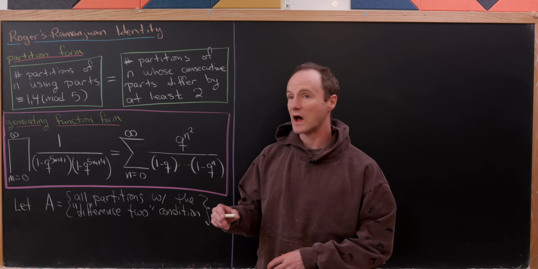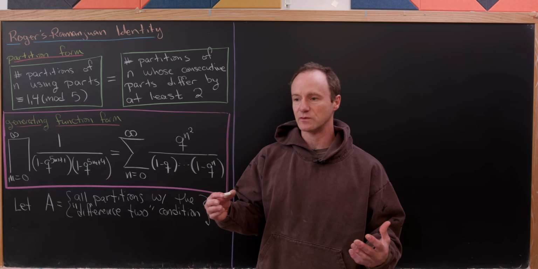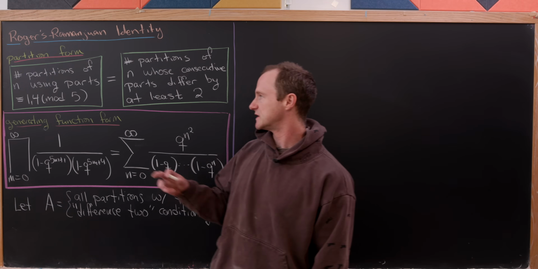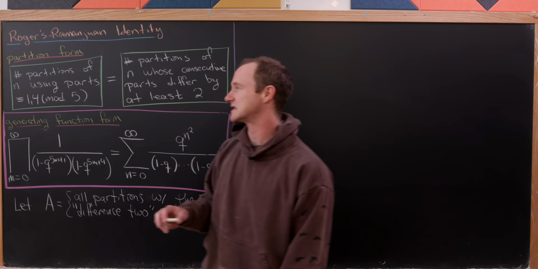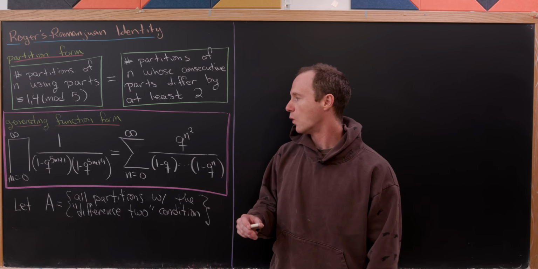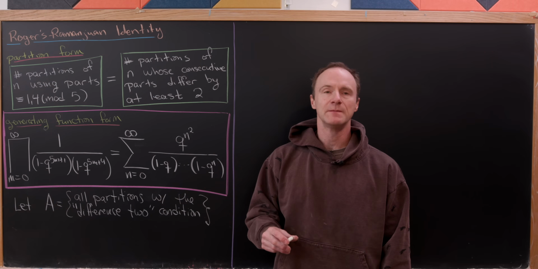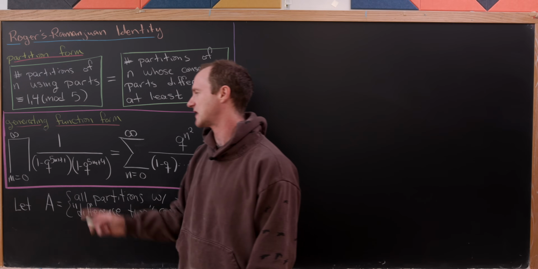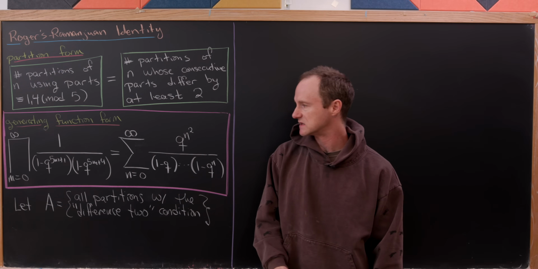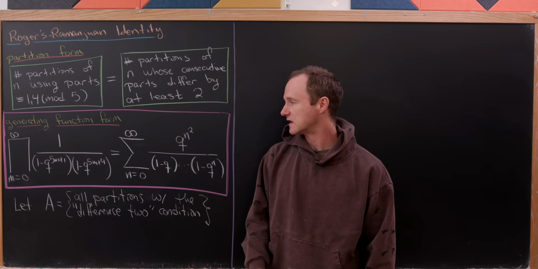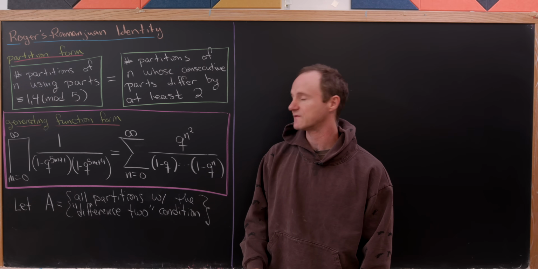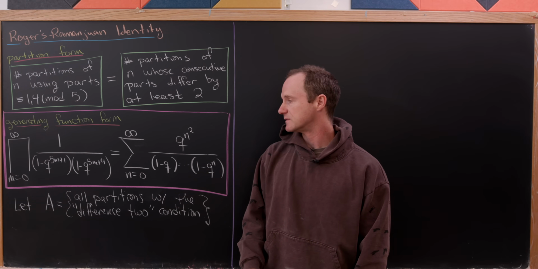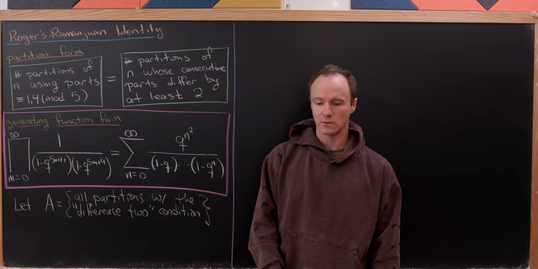And then, through what we just did with generating functions of partitions, we saw that this left-hand type, the congruent to 1 or 4 mod 5, clearly has a generating function that is this left-hand side over here. So it's this product as m goes from 0 to infinity of 1 over 1 minus q to the 5m plus 1 times 1 minus q to the 5m plus 4.